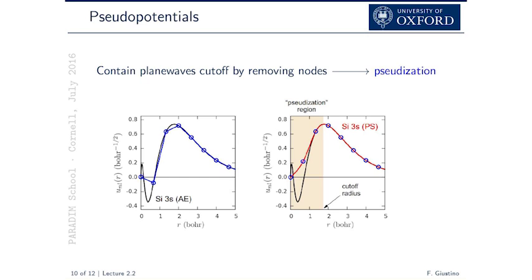So what people invented, and that's actually one of the really enabling technologies of the whole DFT operation, probably what really enabled material science using these calculations, is a very smart trick which goes as follows. You have these nodes here, and what I told you is that most of the physics, the action, happens in this region, which is not near the core.